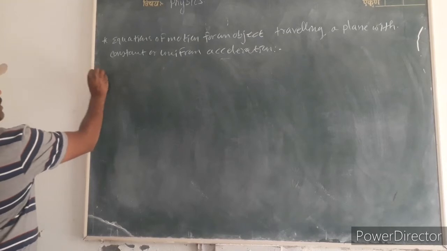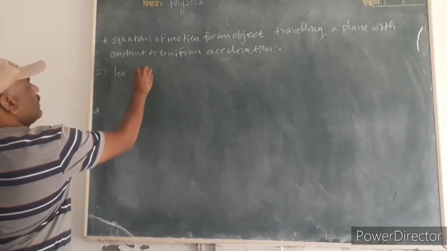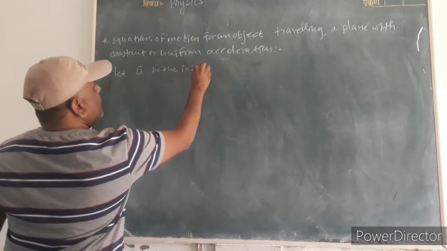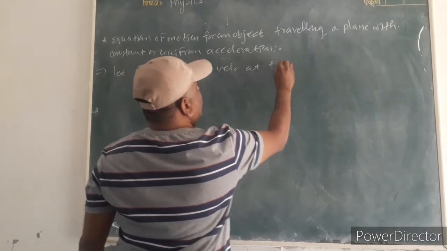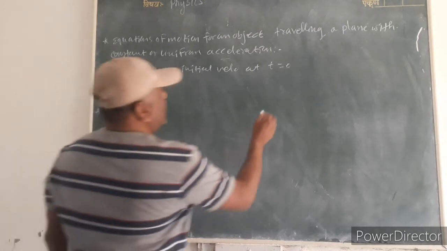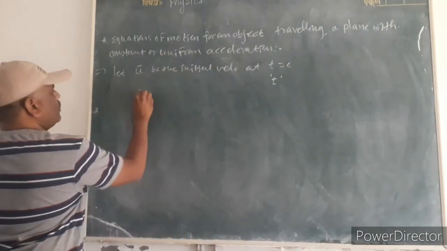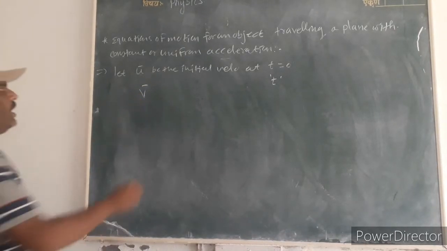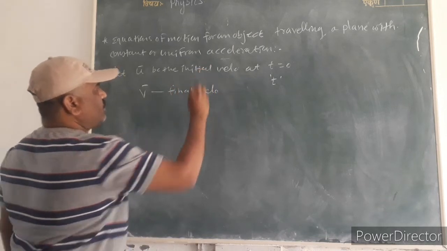Therefore, let u bar be the initial velocity at t is equal to 0. If time changes from 0 to t, the velocity also changes and the velocity becomes v bar, and this is called the final velocity.